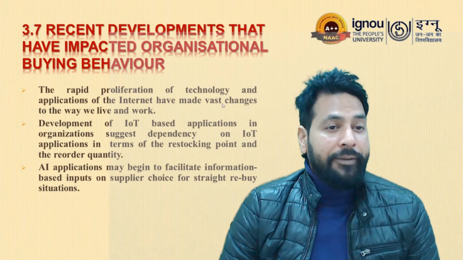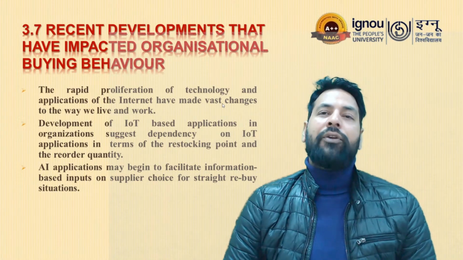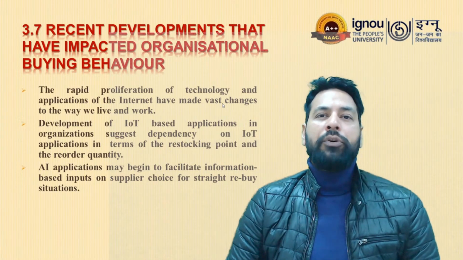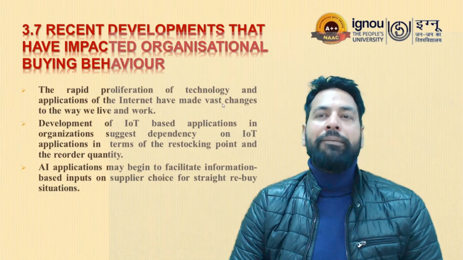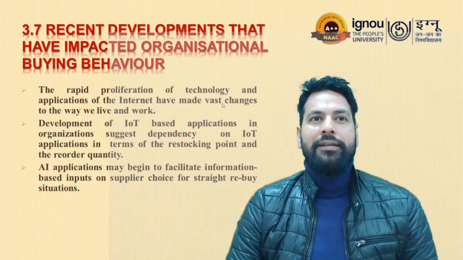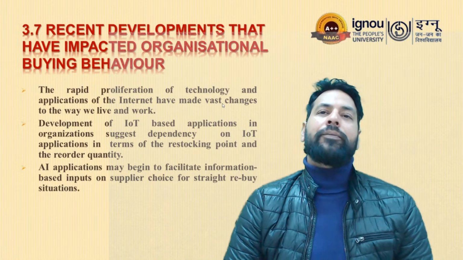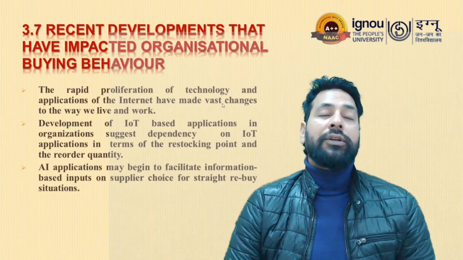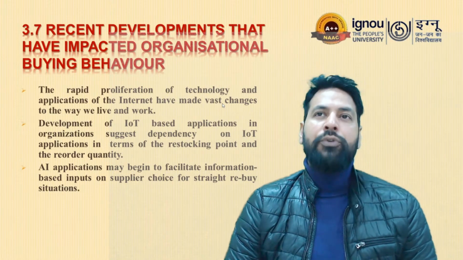Now, the second point: this internet and technology has helped the company also to have an inventory management system in place. This technology gives me an idea of the kind of stock I'm having, or the stock which I should reorder. Because humanly it's not possible to go and count.